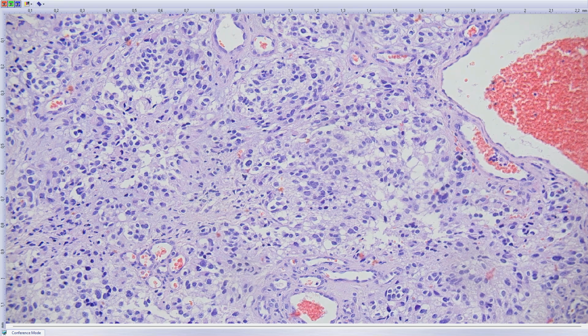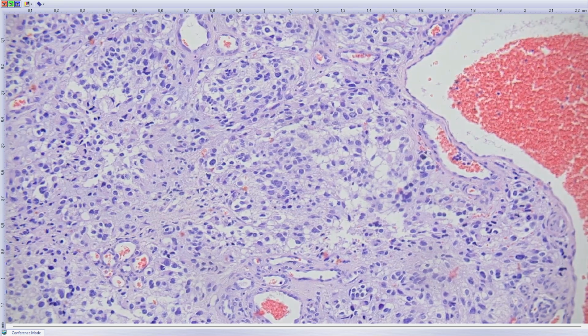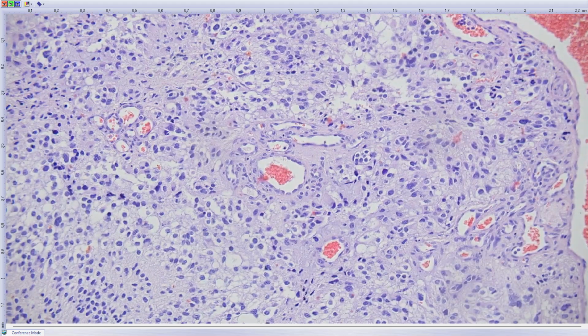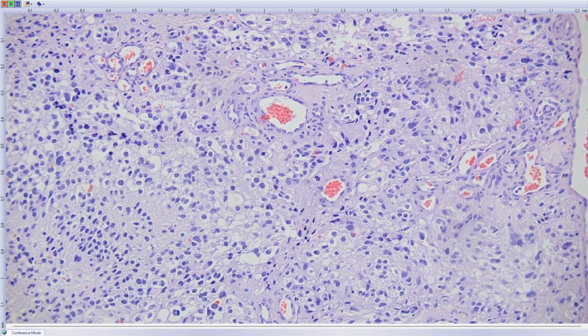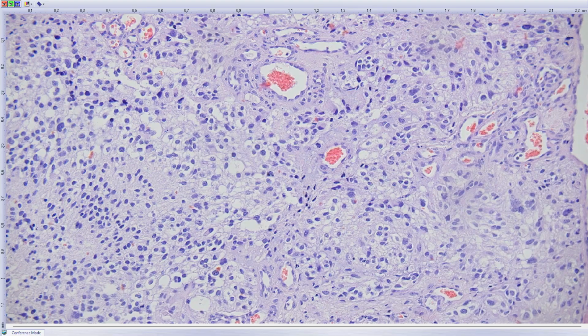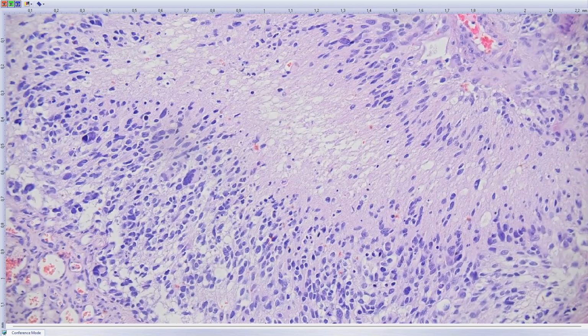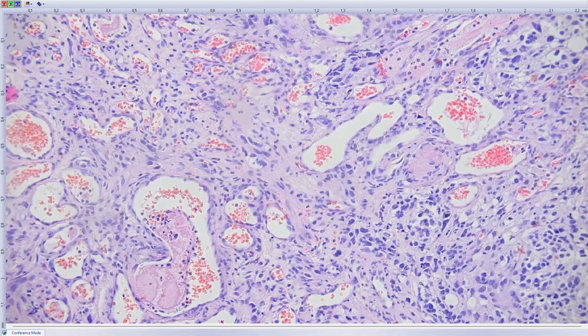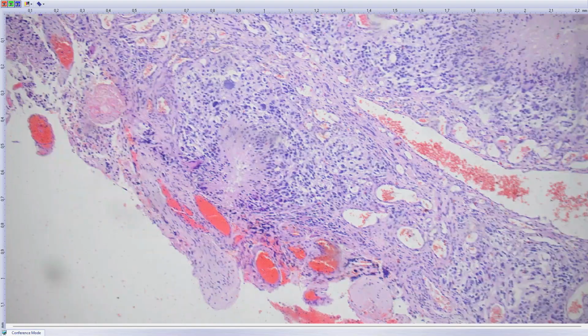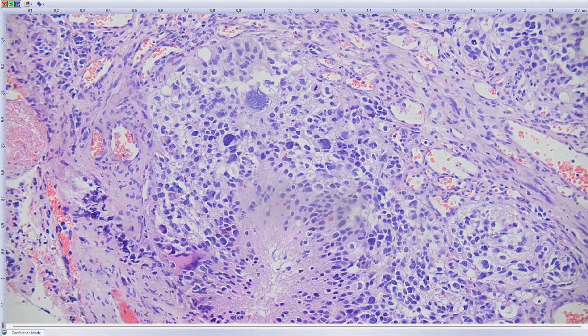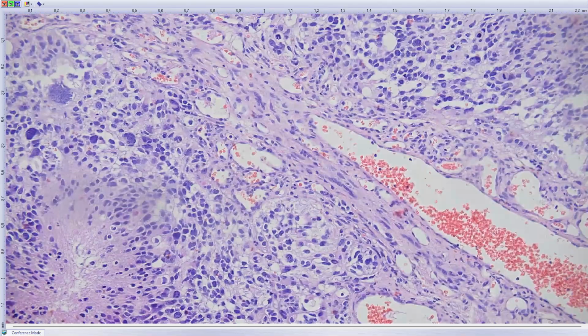There is false positivity caused by cross-reactivity between these two types of intermediate filaments. But there were other parts in these tumors with this palisading pattern, and this, in my eyes, looks more glial. And maybe in other parts some bizarre morphology.